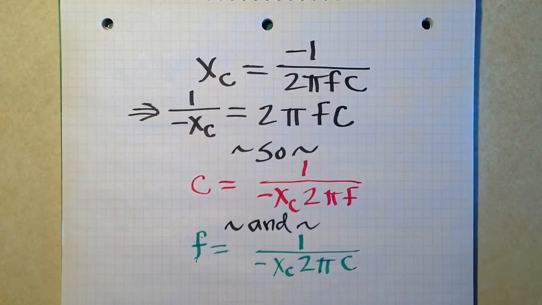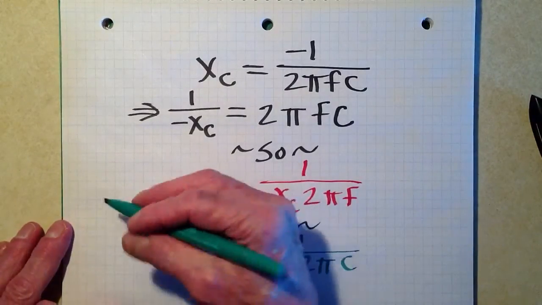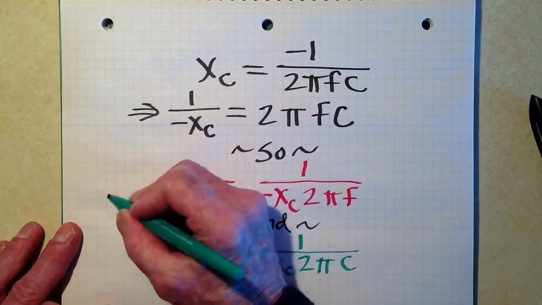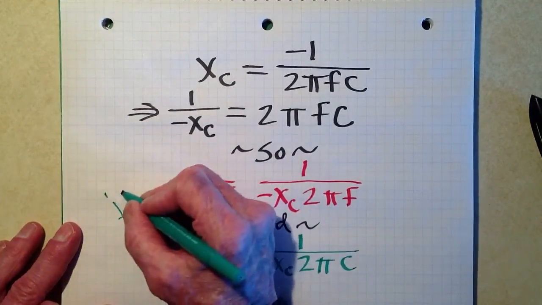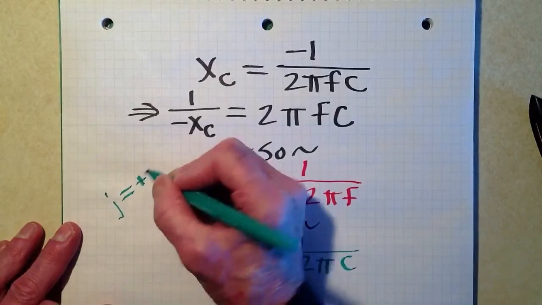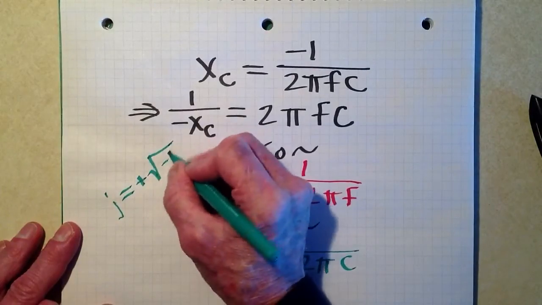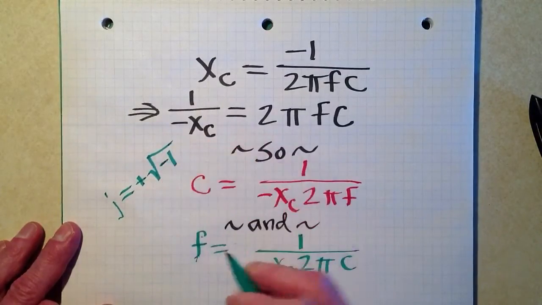We will, for the purposes of this discussion, not worry about the J operator, but you may wish to remember that J, the unit imaginary number, is equal to the positive square root of -1.